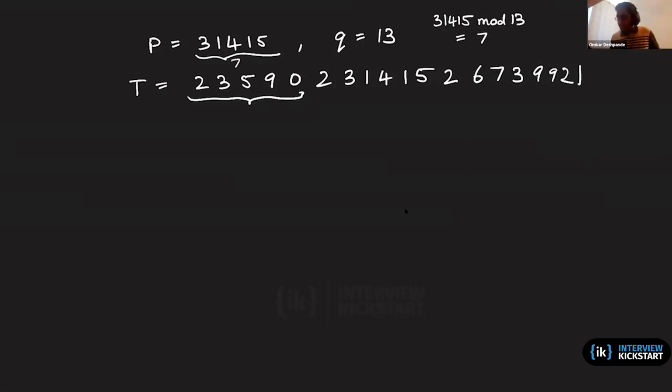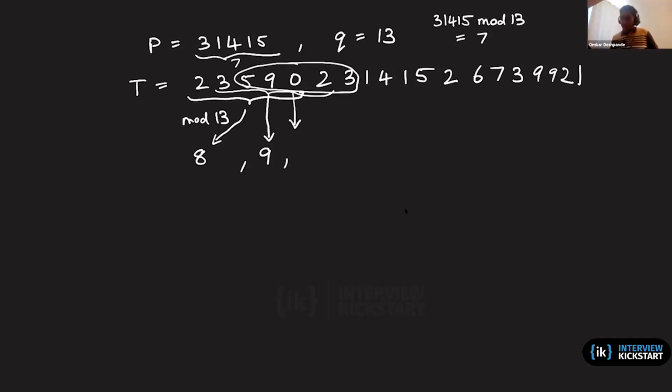This value 23590, when you take a mod with 13, turns out to be 8. The next value 35902 turns out to be 9. The next value 59023 turns out to be 3.